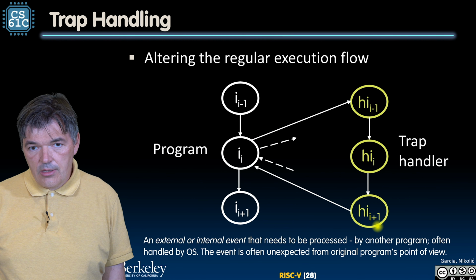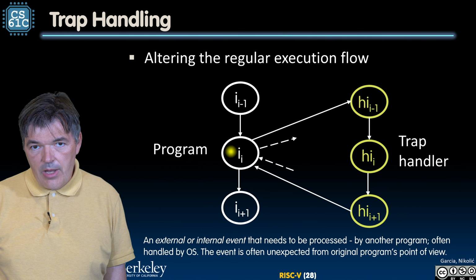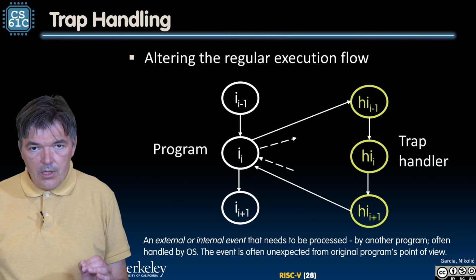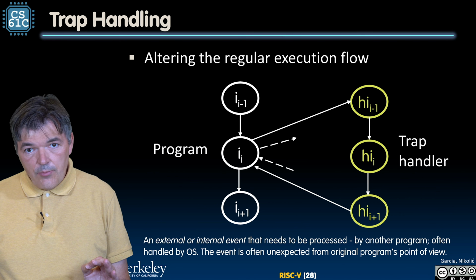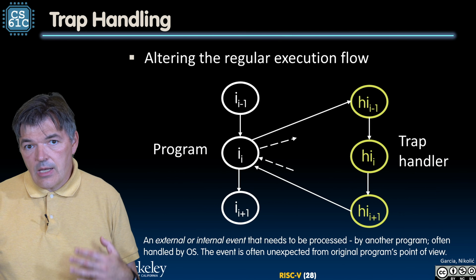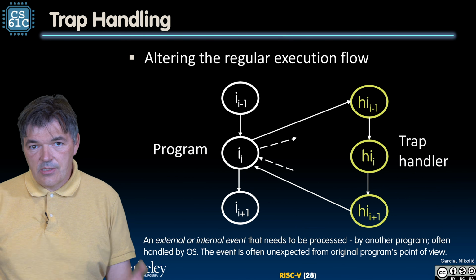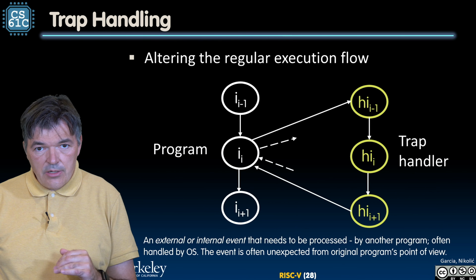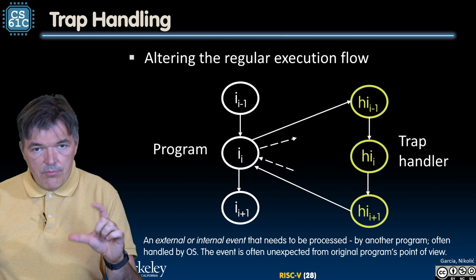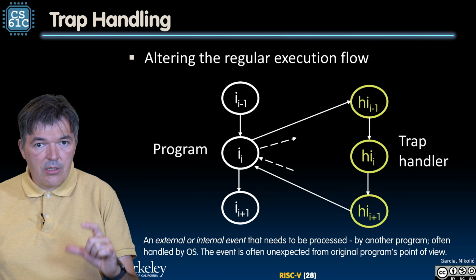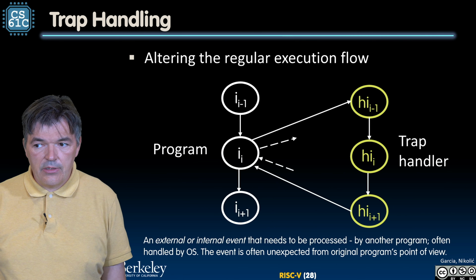We execute the handler and return back to the point where we stopped. This is really important, and we are going to see examples of some of these handlers later when we introduce I/O devices. These are essentially pieces of code that are responding to an unknown external event.